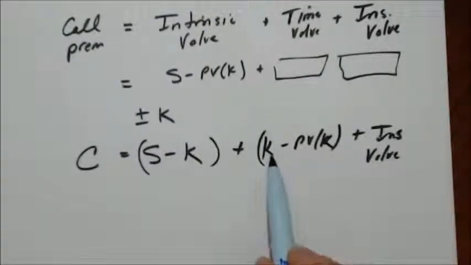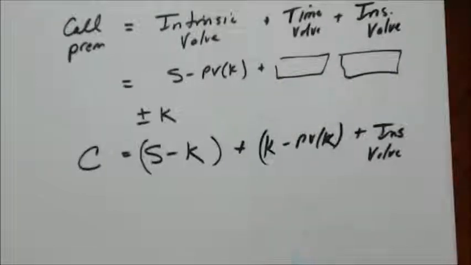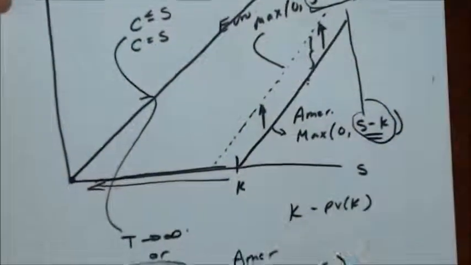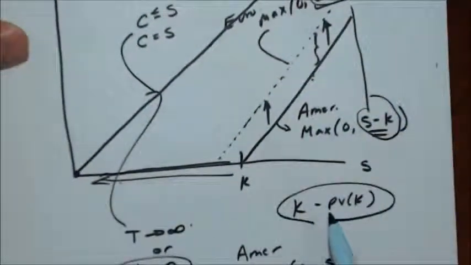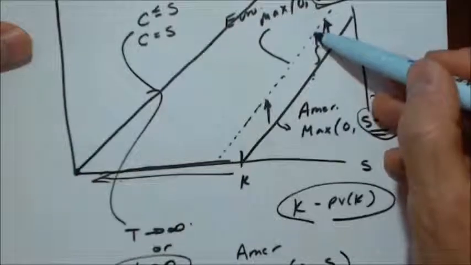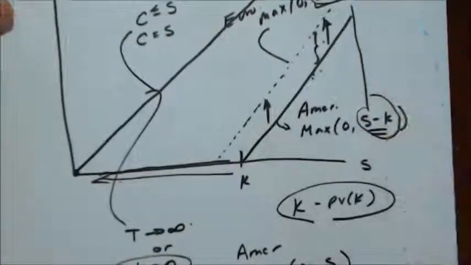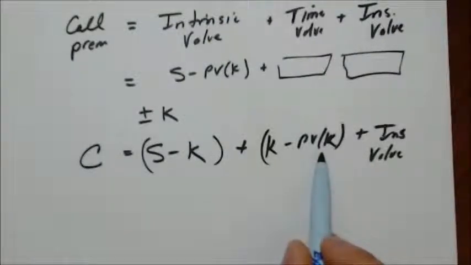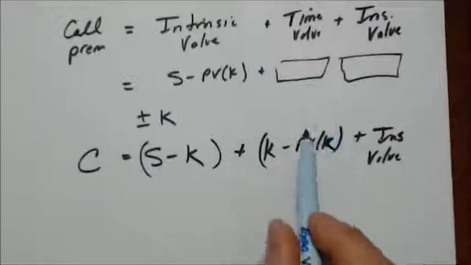Here's the difference. This was basically this time value. It's the difference between the European and the American values, the difference between those two lines. And so this collapses to zero at expiration. There's no time value left.